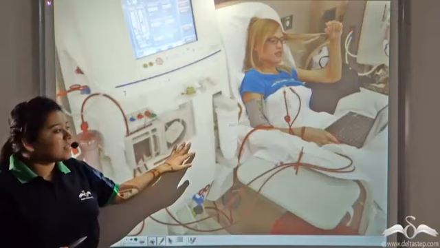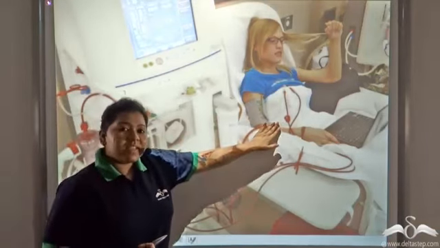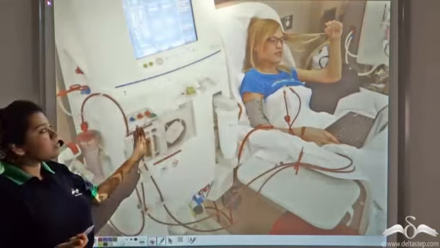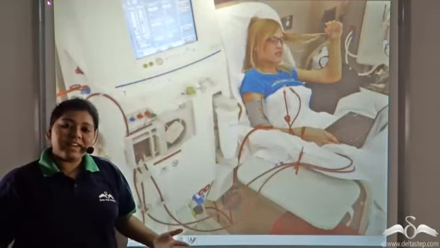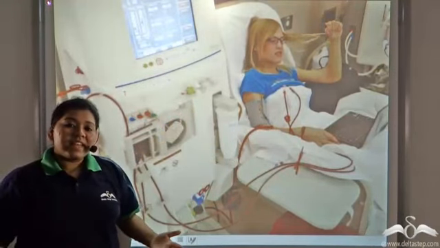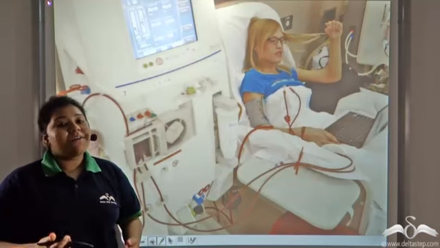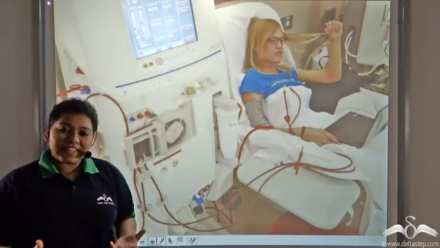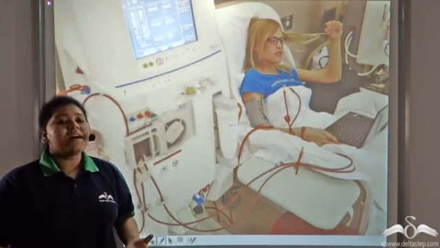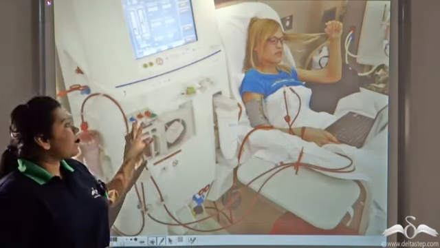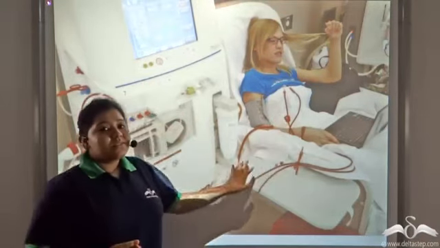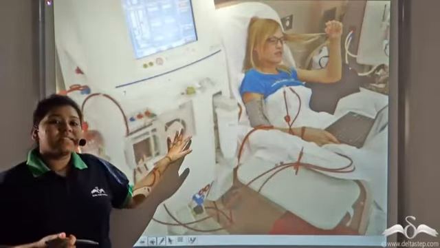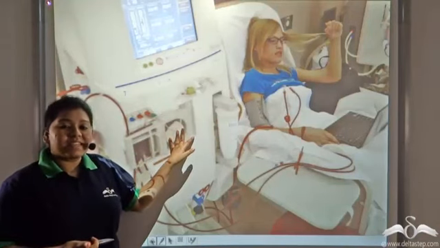What happens is, a person's blood is taken out and passed through this machine. This machine purifies the blood. It takes out all the harmful toxic waste products such as urea. So now the blood becomes purified and clean. So this clean blood is now taken back from this machine and given to the person. So this machine is just a substitution of the real kidney.